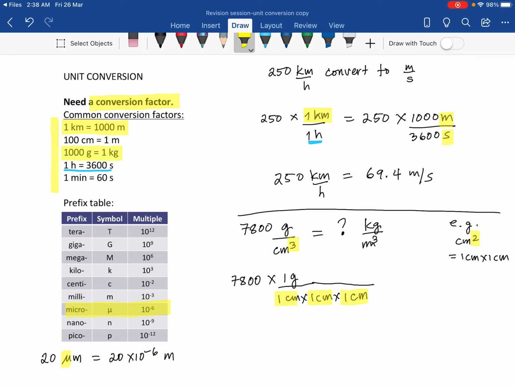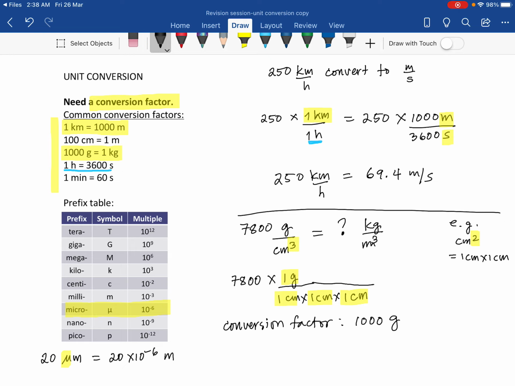Okay, but notice our conversion factor says 1,000 grams. But in fact we want to change 1 gram. Here we want to replace 1 gram, not 1,000 grams. So we have to do something to this 1,000 grams in order to get 1 gram.